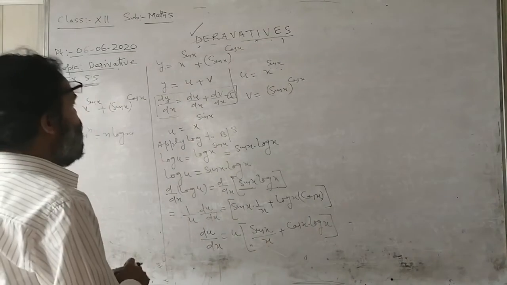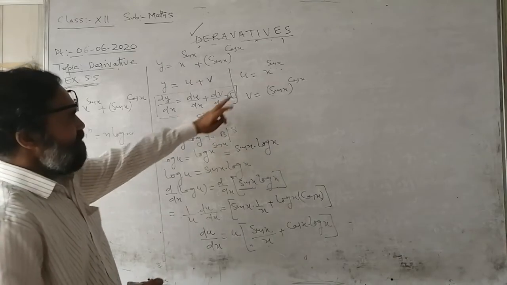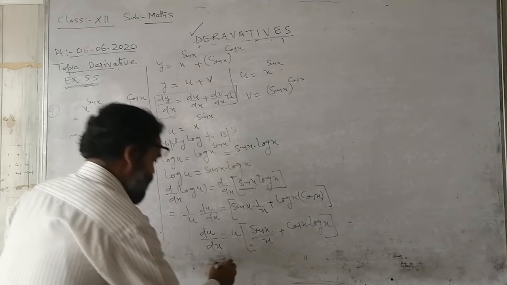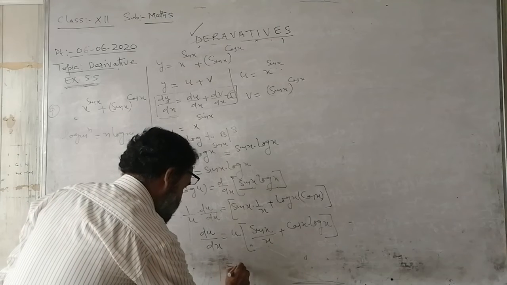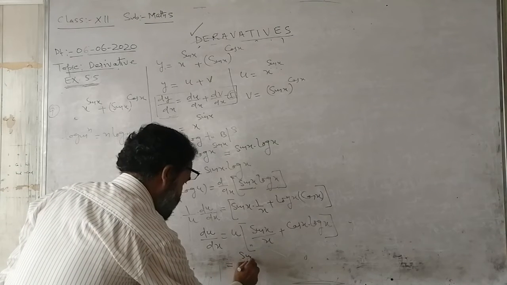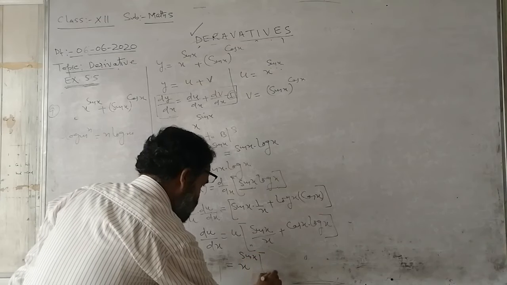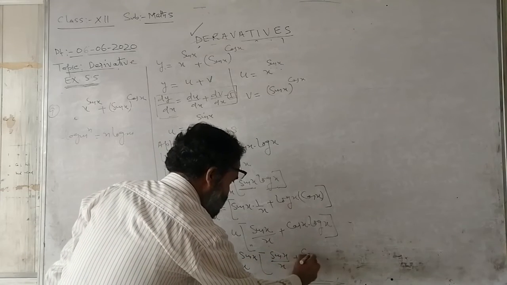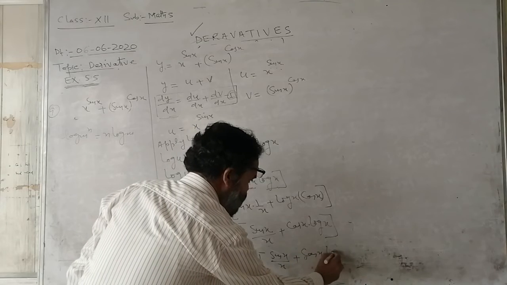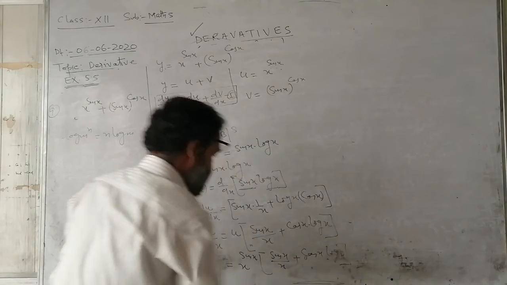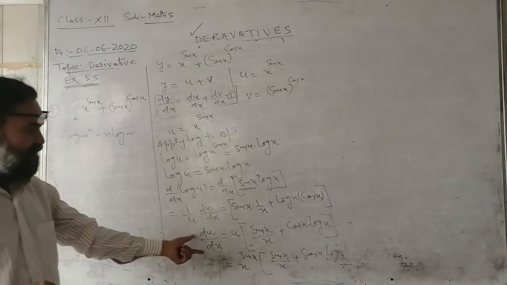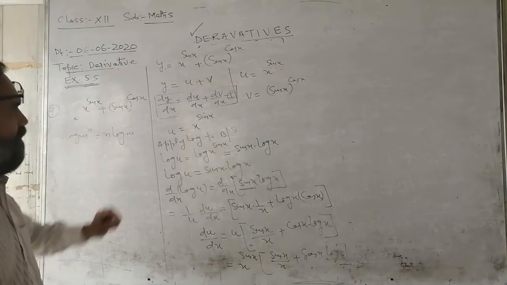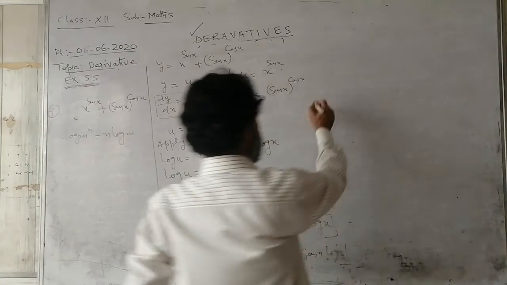I can put the value of u, which is x raised to power sin x. So du upon dx is x raised to power sin x into sin x upon x plus cos x into log of x. I can substitute this value after finding the value of dv upon dx.